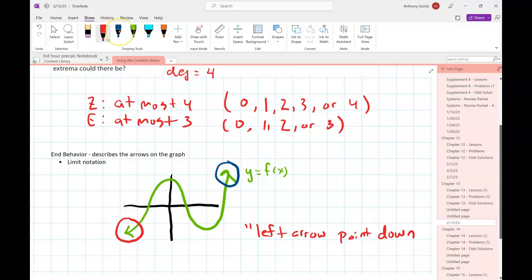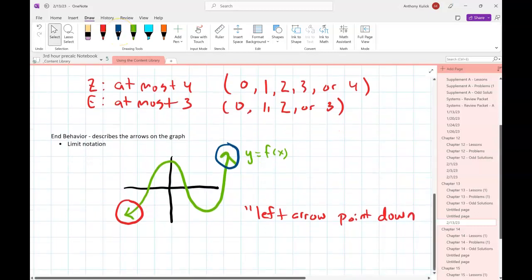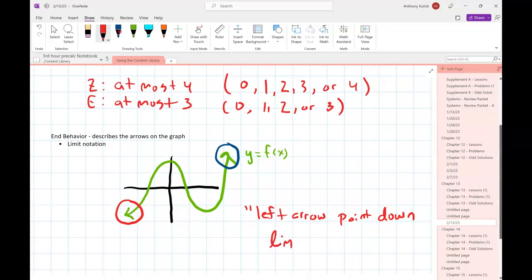Okay. So to translate that to limit notation, we write the limit, lim, and then to write left end, we'll write x approaches negative infinity.